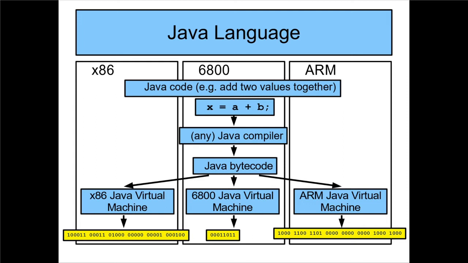So an x86 has its own Java virtual machine. The ARM processor has its own Java virtual machine. But they all run the same Java bytecode. The difference is the machine code that they produce. They still produce machine code specific to their processor. So essentially what you have is one program in Java being able to run on all three platforms.